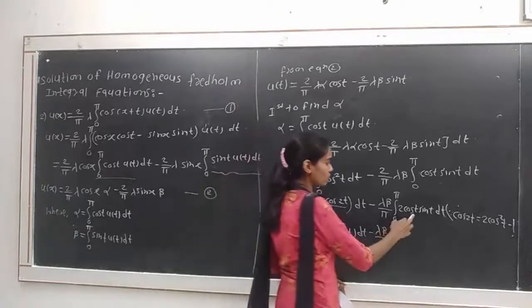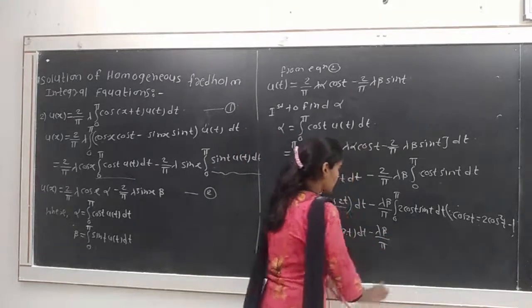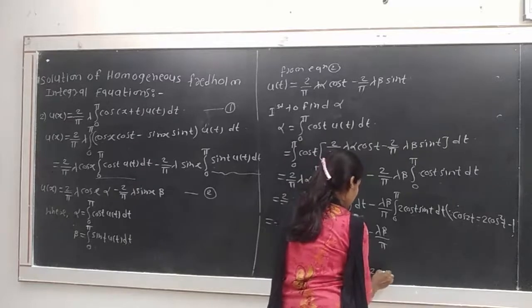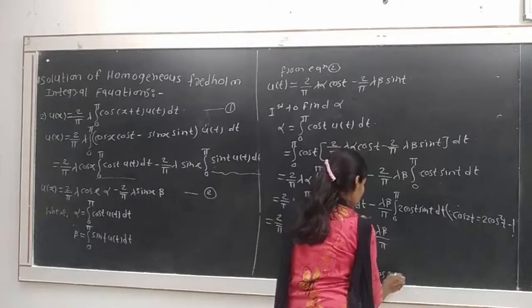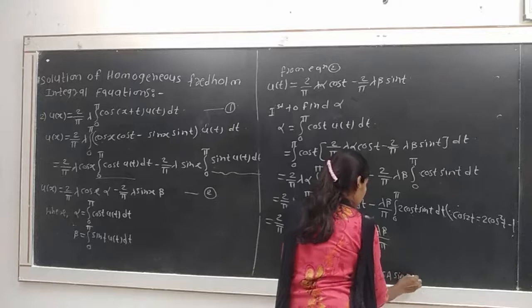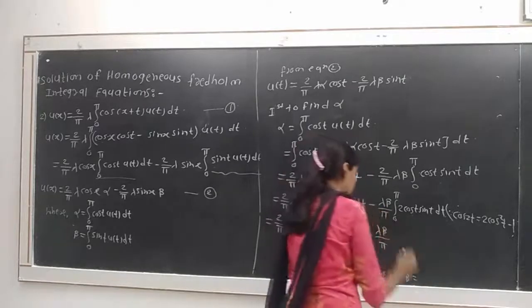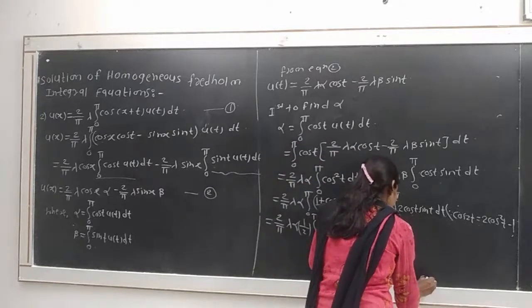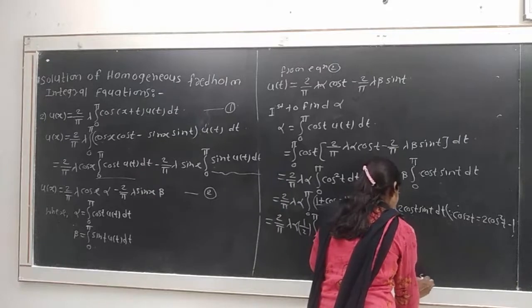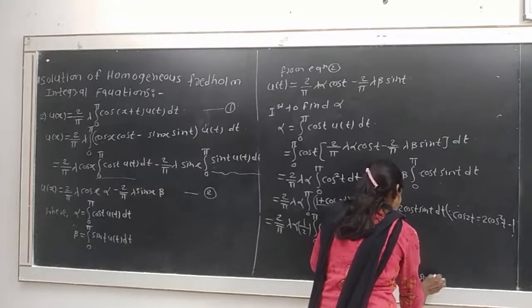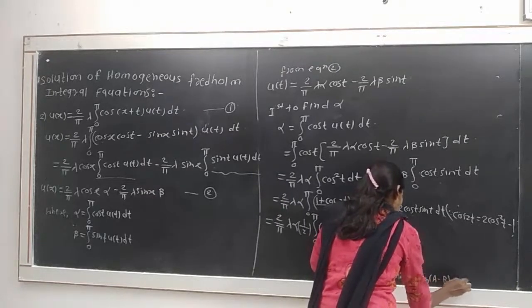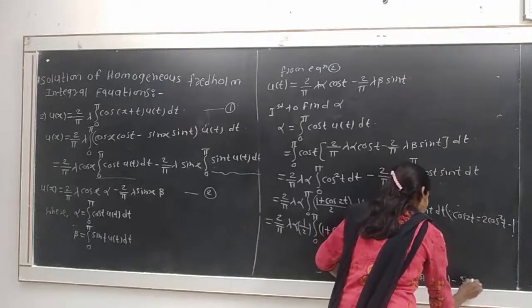Then here we use the formula of 2 cos a sin b, which is sine of a minus b minus sine of a plus b.